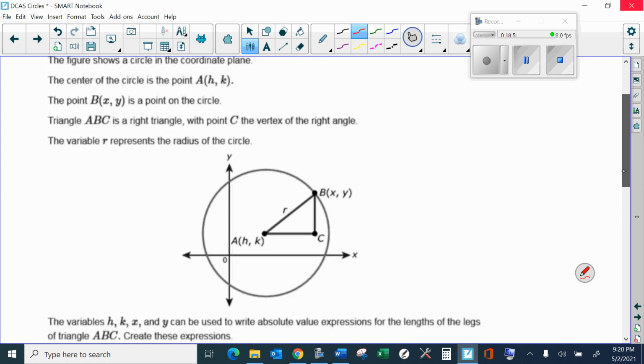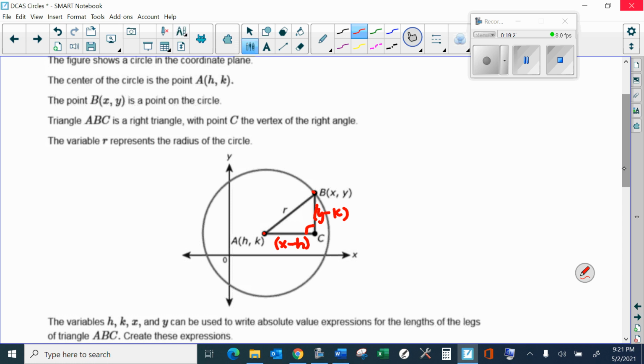Okay, the figure shows a circle in the coordinate plane. The center of the circle is point (h, k). Point B is (x, y). On the circle, triangle ABC is a right triangle. That tells me I can use the Pythagorean theorem to set it up. Notice this distance is x minus h, and this distance is y minus k, subtracting the y coordinates and the x coordinates.